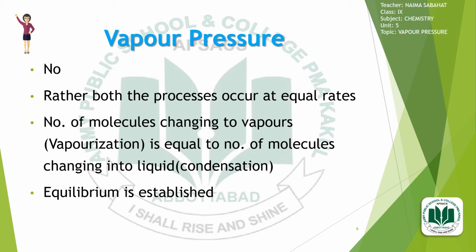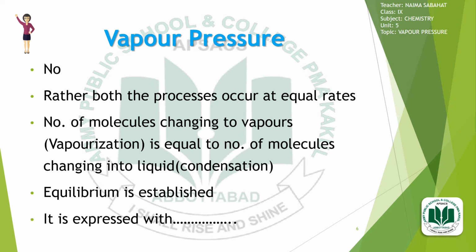Now here you must know what equilibrium is. In scientific processes, when two equal and opposite processes occur at equal rate, always equilibrium is established there. The forward process becomes equal to the reverse process. Here the forward process is the process of evaporation and the reverse process is the process of condensation.